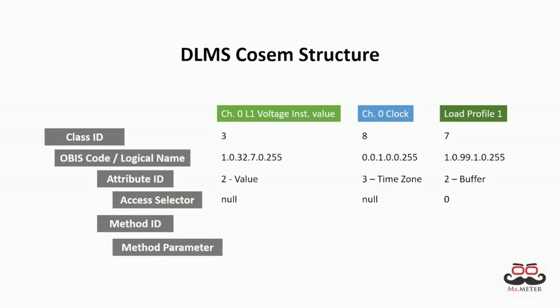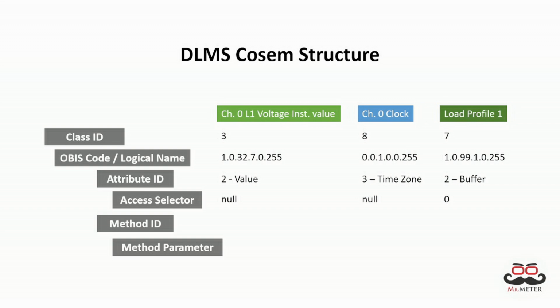attribute ID it has. The attribute ID of 1 always is the logical name, the OBIS code itself, the value of the logical name. And the second one, attribute 2, let us say, most of the time is the value of that OBIS code, but in many other objects, this can vary.